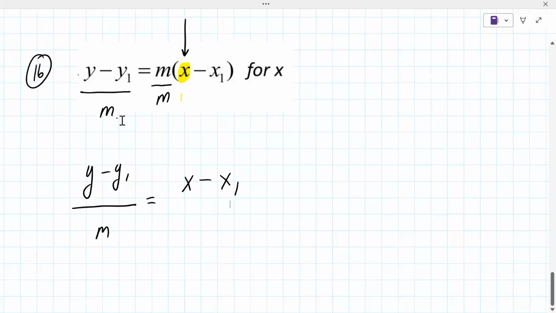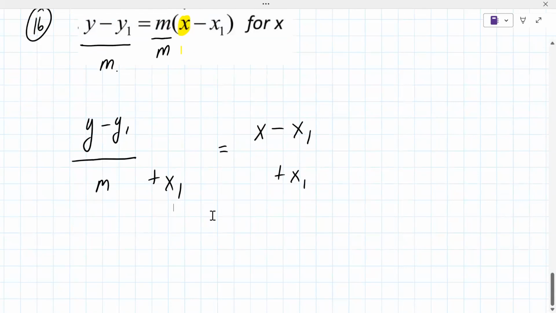You can divide it out this way. Now, to get to X, you have to undo the subtraction. You do that with addition, you add it to both sides. You can't add it to anything. It just kind of lingers off to the side. Y minus Y1 over M plus X1 equals X, like that.